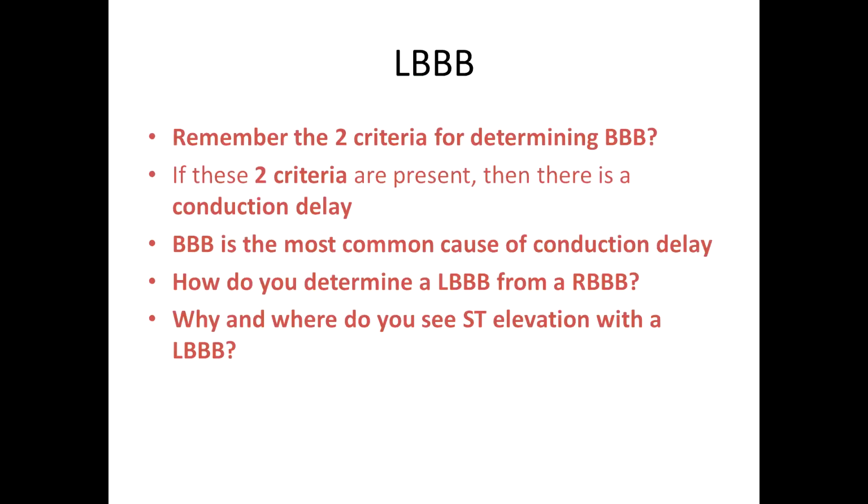If you're looking at a QRS complex that is tall and wide, it will almost always have ST segment depression. That doesn't mean there's ischemia, though. It could, but it doesn't always mean that. If you're looking at a QRS complex that is wide and deep, it will almost always have ST segment elevation. Doesn't necessarily mean there's an injury pattern. It could, but it doesn't necessarily mean that that's the case.